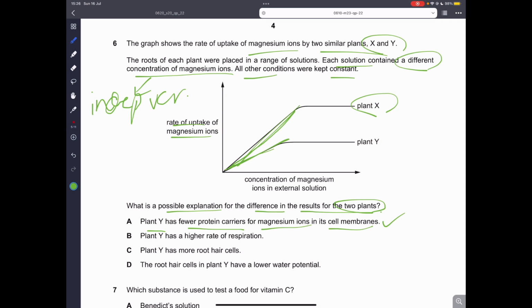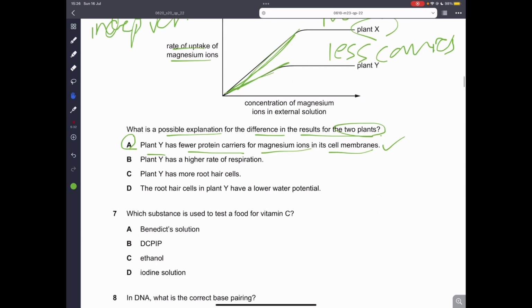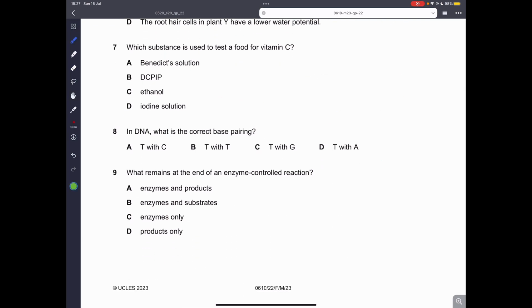This can only be explained by the protein carriers that actually transport the mineral ions, in this case the magnesium ions, across the cell membrane into the cell. So plant X has more protein carriers than plant Y, so plant Y has fewer carriers, and this is a very possible explanation.